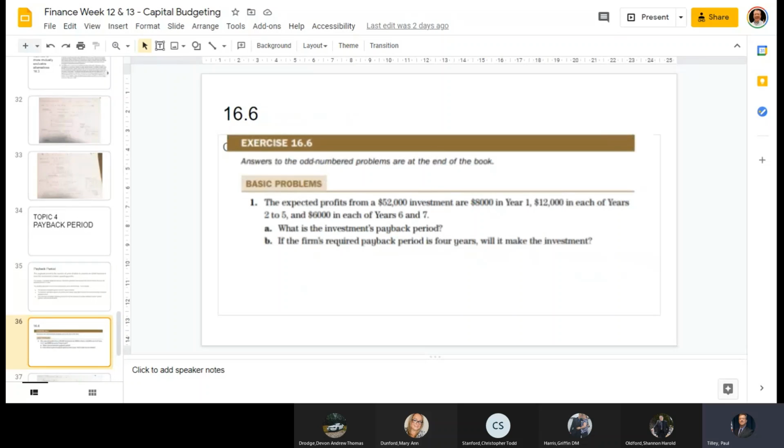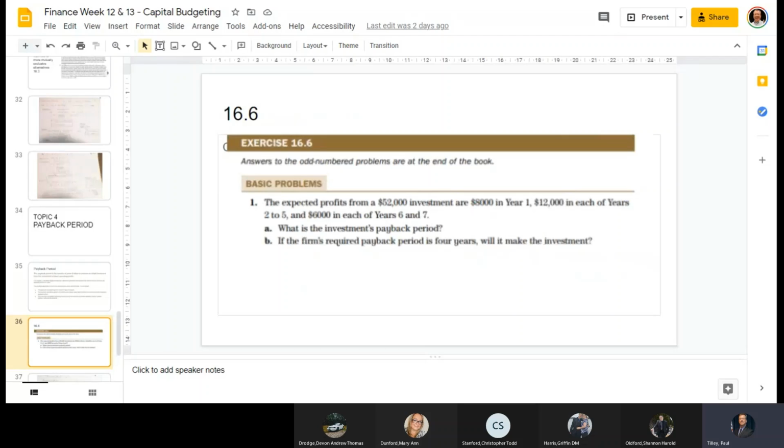I've got one particular example there, and it says the expected profits from a $52,000 investment are $8,000 in year 1, $12,000 in each of the years 2 through 5, and $6,000 in each of years 6 and 7.